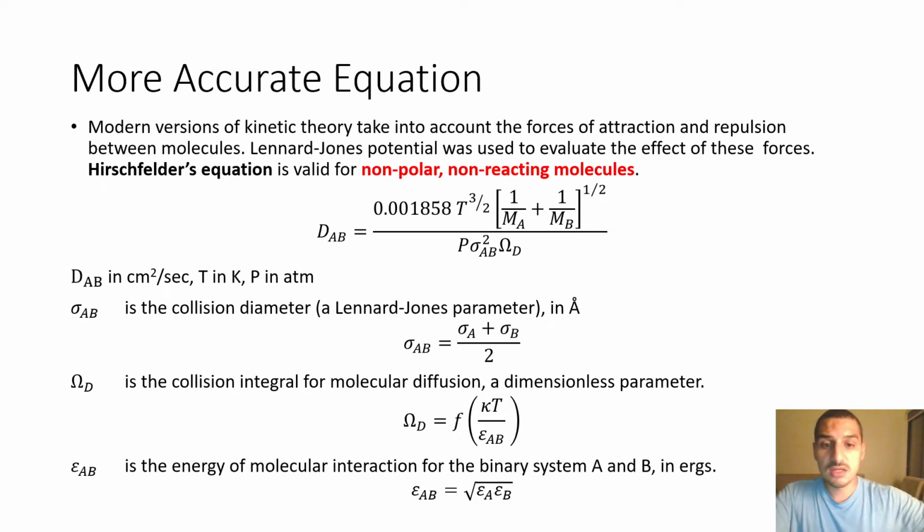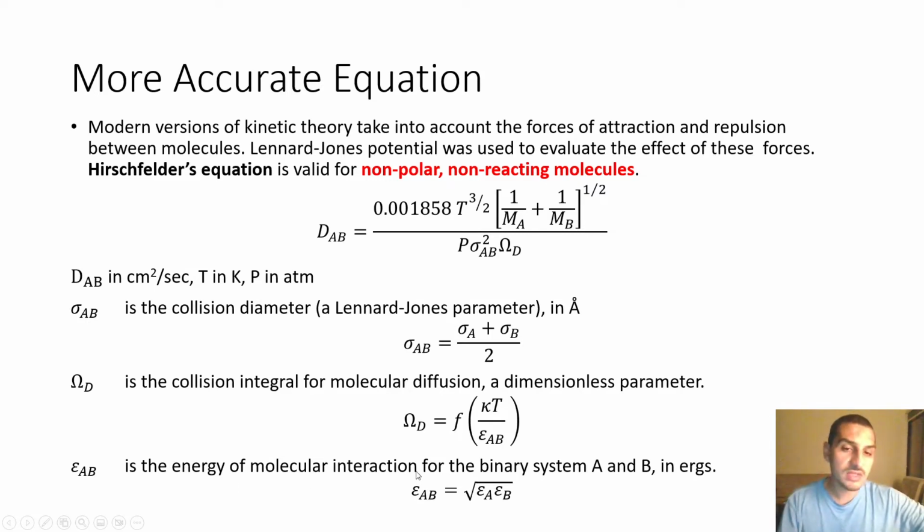So this is the same here. We have sigma AB calculated from sigma A and sigma B. So I have to know where I can get the values of sigma A and sigma B. The omega D, which is the collision integral, is a function of kappa T over epsilon AB. So kappa is the Boltzmann constant, T is the temperature, and epsilon AB is something that I don't know yet, but epsilon AB is the energy of molecular interaction.